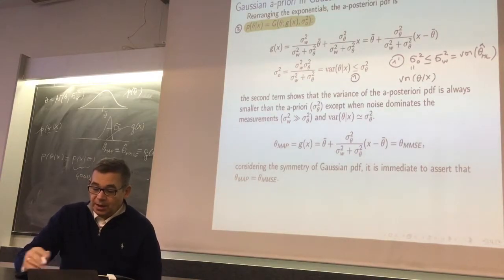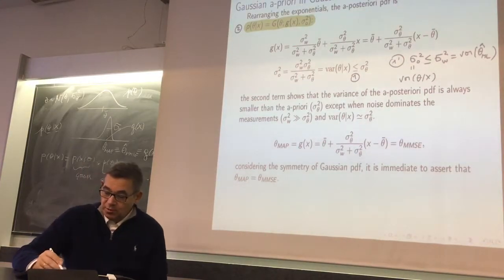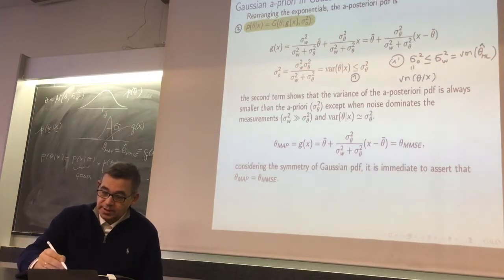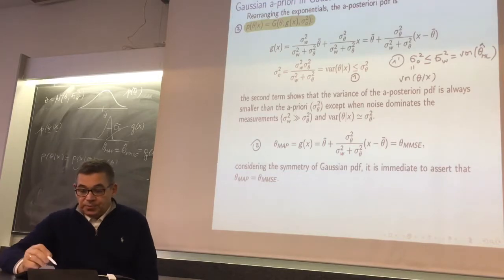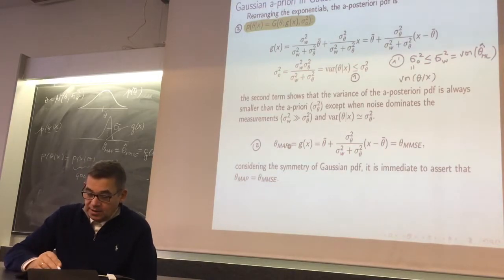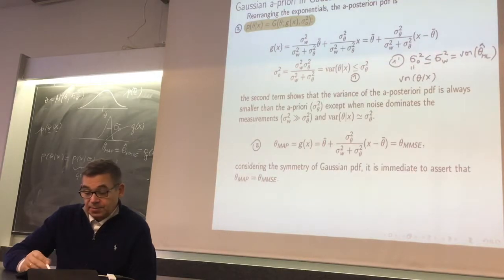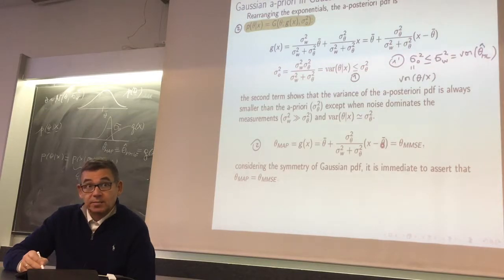Now let's look at, okay, so otherwise we can look at here. That's the result of the comment. So the estimate theta MAP is the mean plus a scaling factor multiplied by x minus the mean.